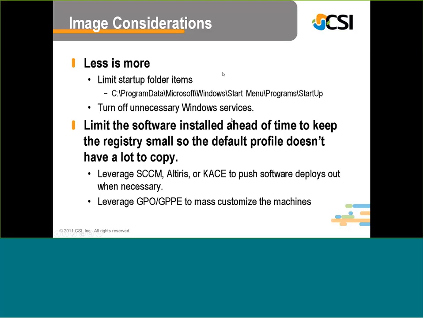And instead of putting everything known to man in and doing all that customization stuff, leverage GPOs and GPPE to mass customize machines. And remember, with GPPE, we can do two things. We can do one, which is every time Johnny sits down, blast these things to Johnny's machine, wherever Johnny is in your network.